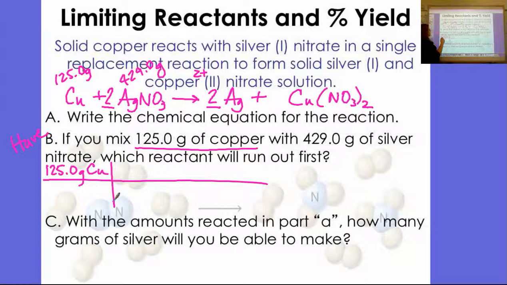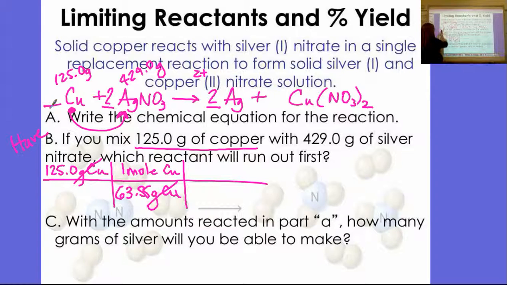I still want to do the exact same thing, converting from grams of copper to grams of silver nitrate. Grams to moles, mole ratio, back to grams, same 3 steps. If I'm in grams of copper, I need the molar mass of copper. Looking at the periodic table, it's 63.55 grams per 1 mole.